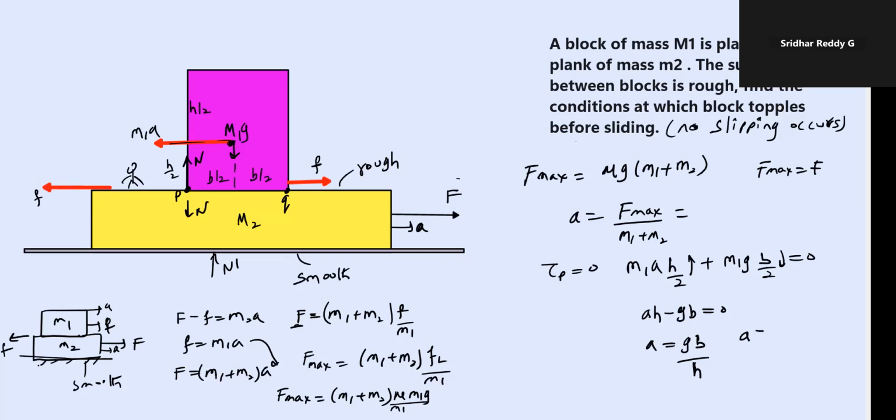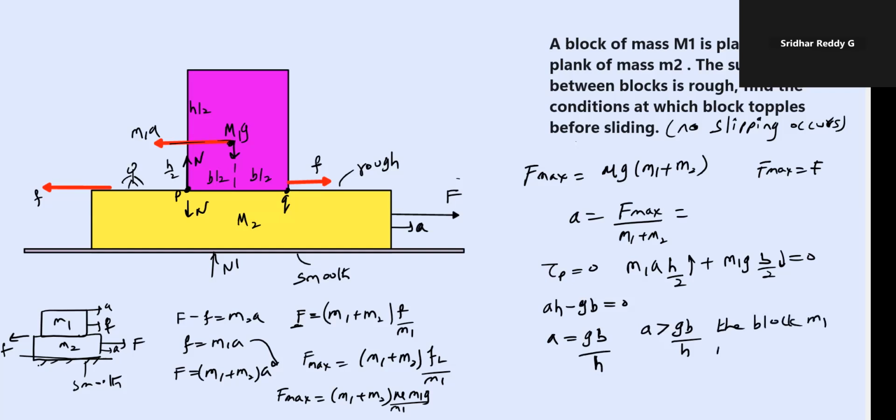So I'll put a condition: A greater than or equal to G B by H for block M1.